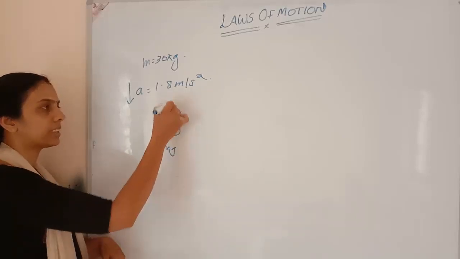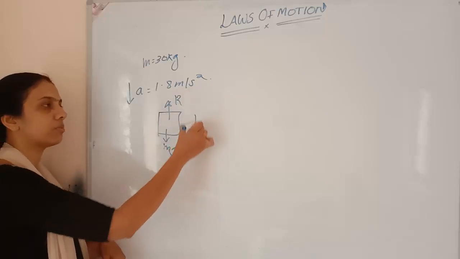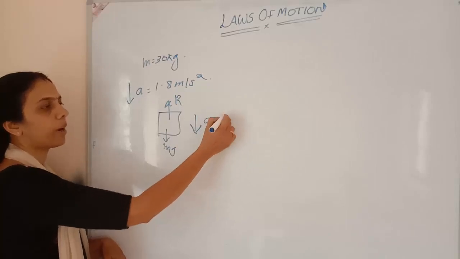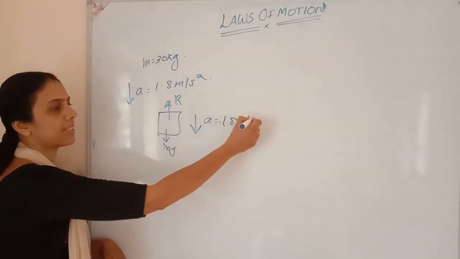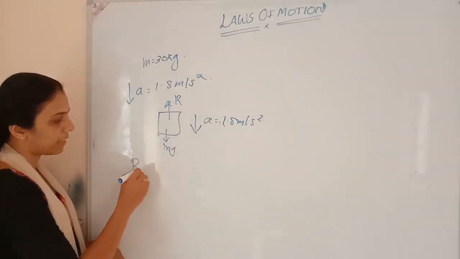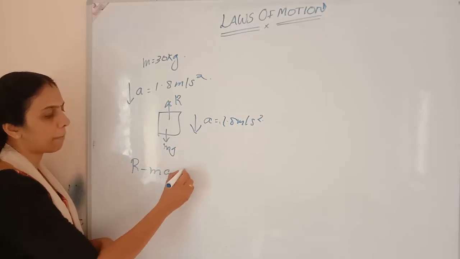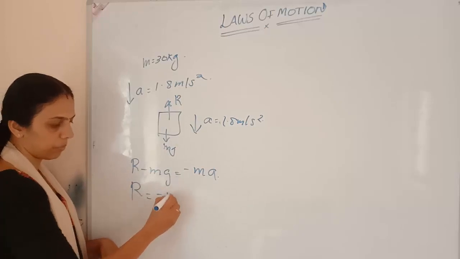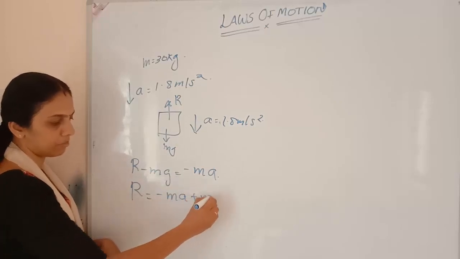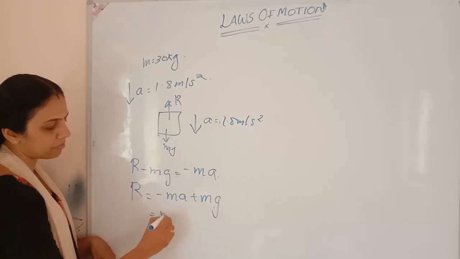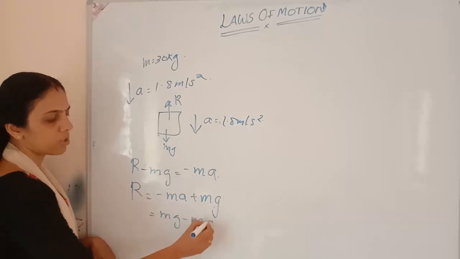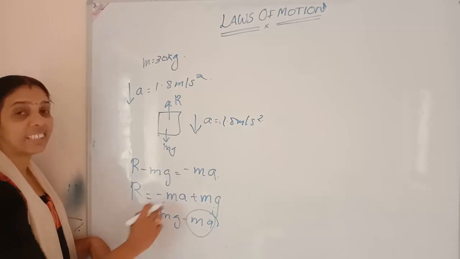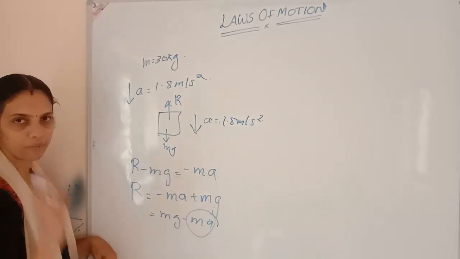Here mg will be acting downwards, R is the reactional force, acting upwards, and the lift accelerates downwards with 1.8 meter per second square. R minus mg will be equal to minus ma. So R will be equal to mg minus ma. So tell me whether it will be an increase or a decrease in force. It is a decrease in its original weight.